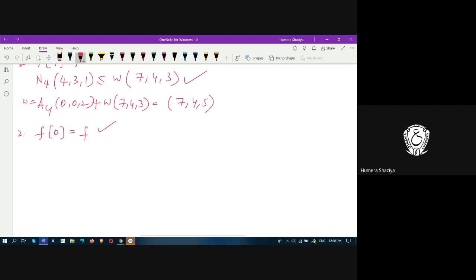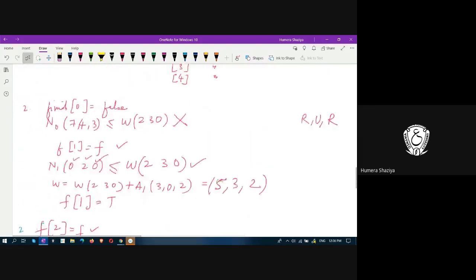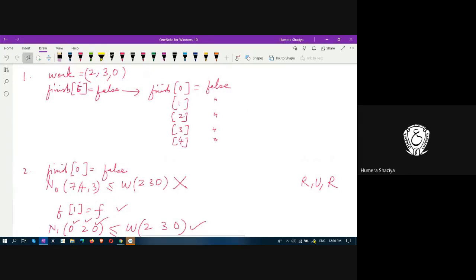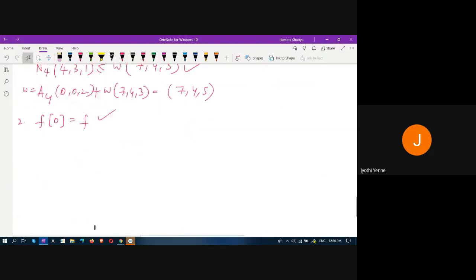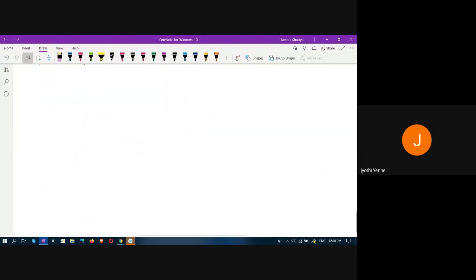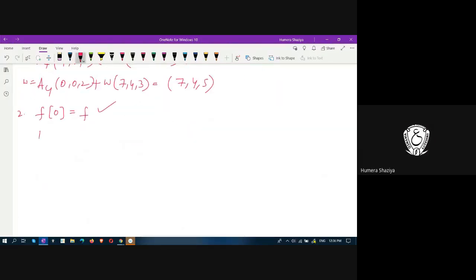Yes, P0 has not finished its execution. What is its need? Finish of 0 was false because its need was greater than available. Its need is 7 4 3.